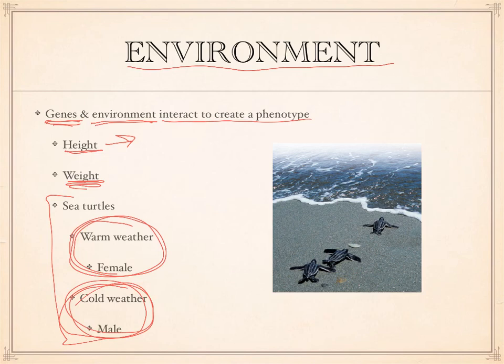And what this does is it ensures that you're getting about the same number of males and females produced with the hatches, keeping the numbers about even between males and females. They'll hatch, they'll go back out to sea, and they'll repeat this whole reproductive process when they are adults. But environment and the genes that you inherit are going to interact to create phenotypes.